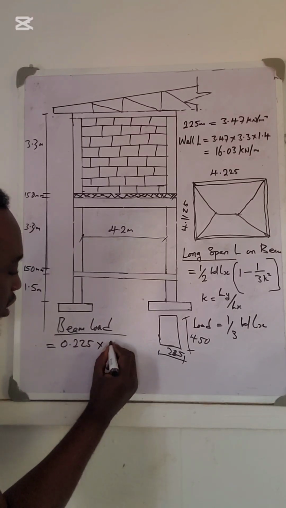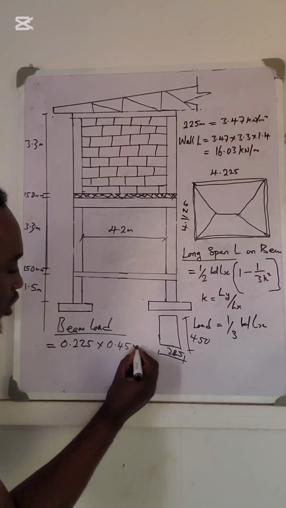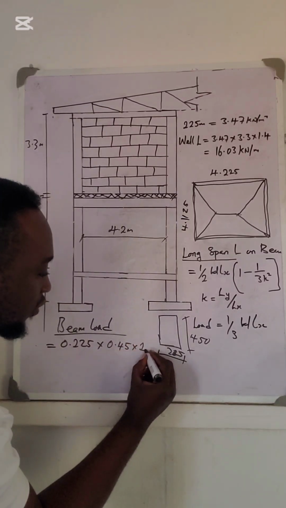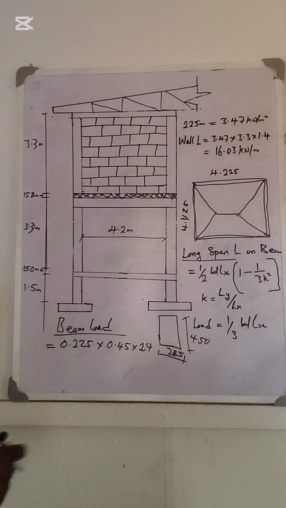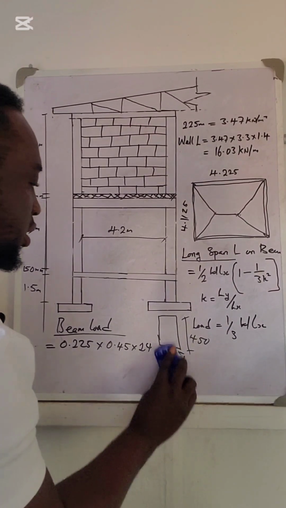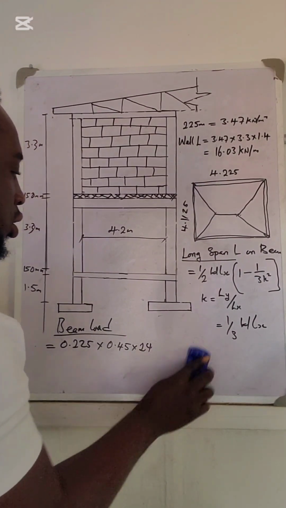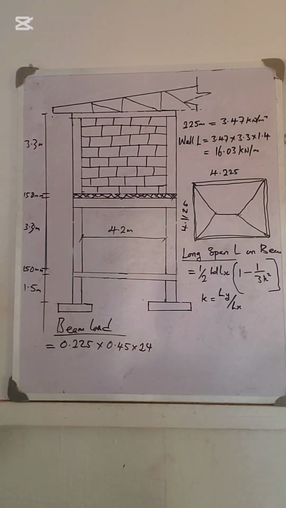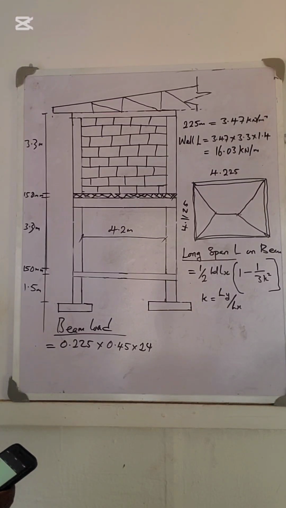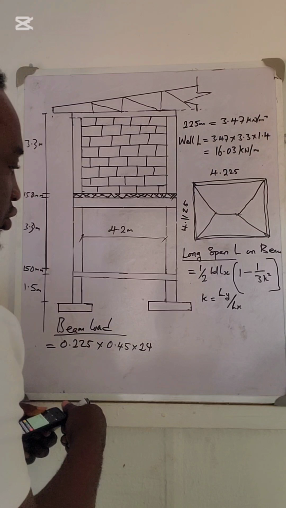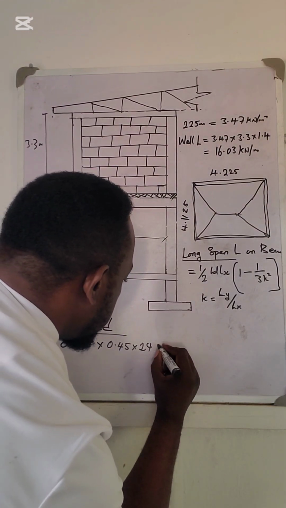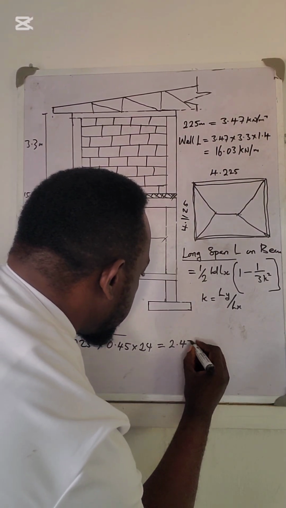Now the beam load will be equal to 0.225 multiplied by 0.45 multiplied by the density of concrete, which is 24. Let me clean this. So when you compute that, 0.225 multiplied by 0.45 multiplied by 24 gives me 2.43.